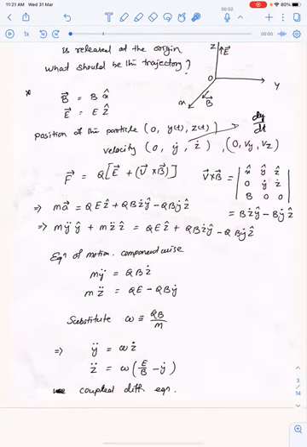Now this force is nothing but mass into acceleration, which you can express as m y double dot Y cap plus m z double dot Z cap. That will be your force, ma part. And the right side is QE Z cap plus Q times V cross B, which we have already calculated.